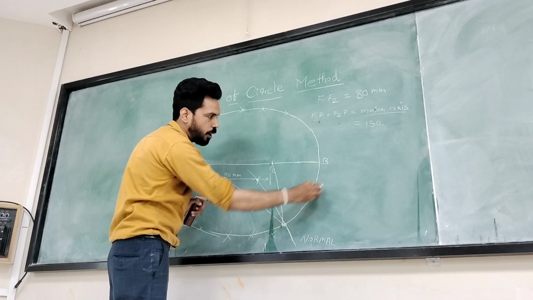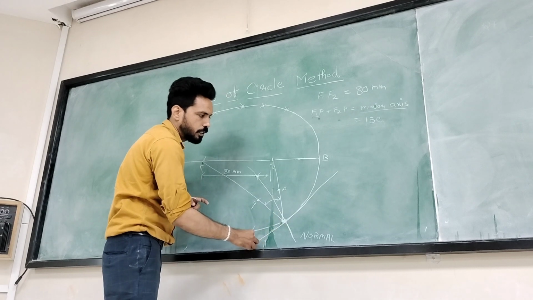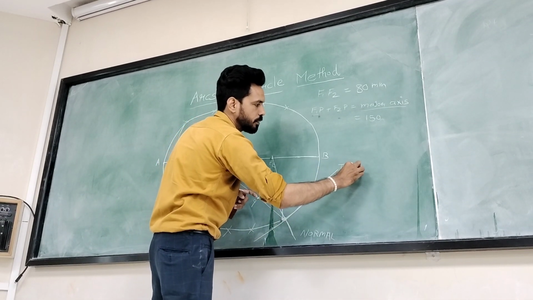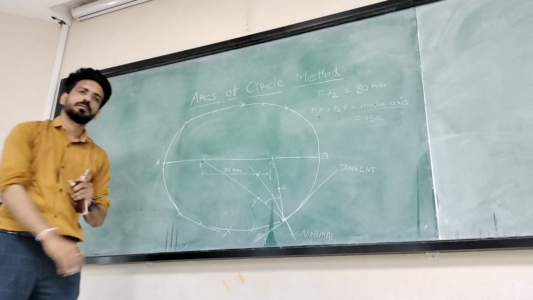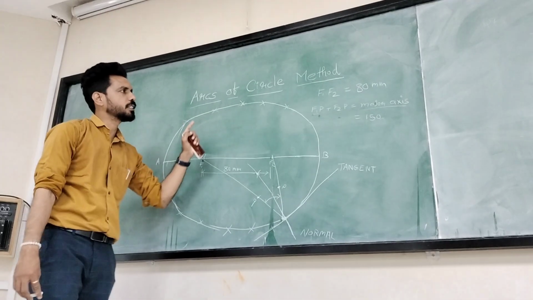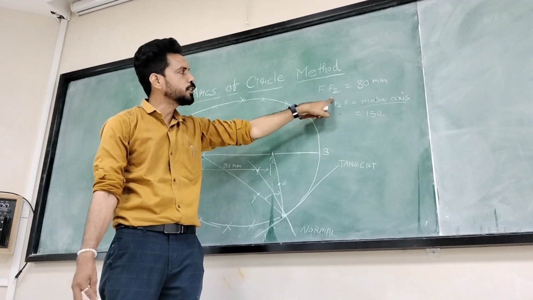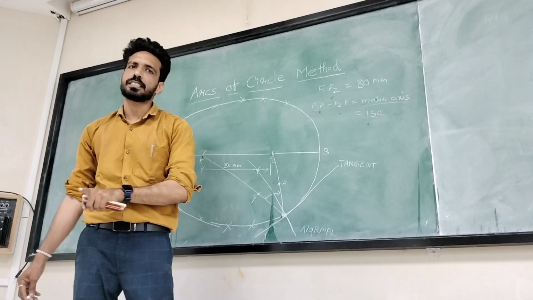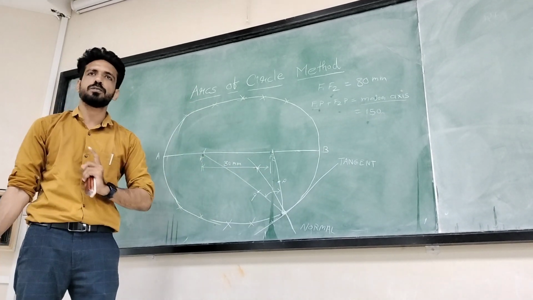So now if I draw a line perpendicular at this point, this will be your tangent. So by this method, if we know the distance between the two focus points F1 and F2, and if we know the distance of the major axis, then we can plot an ellipse with the help of the arcs of circle method.